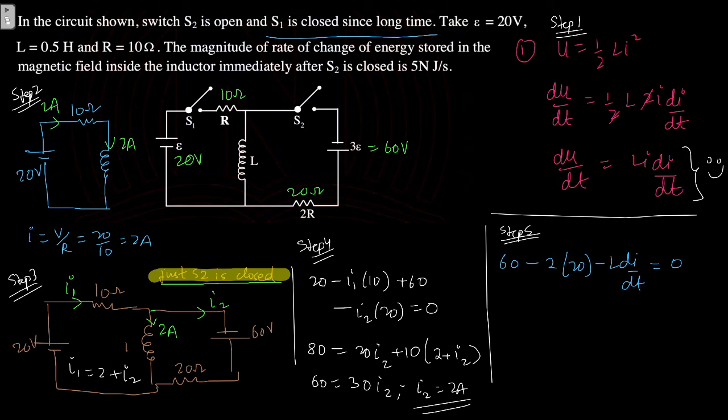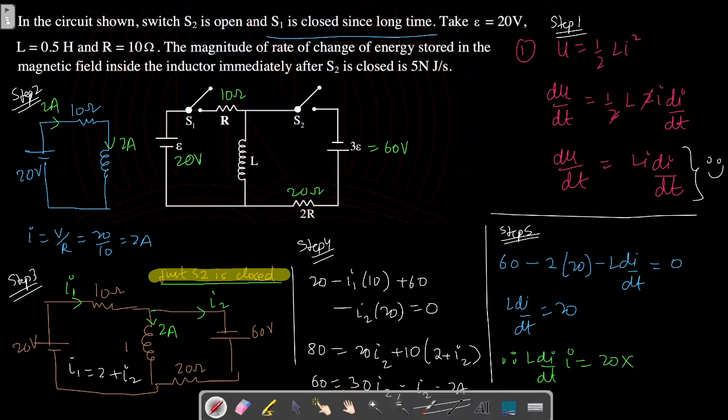So 60 minus IR minus L di by dt is 0. That means 60 minus 40 is 20, right? So L di by dt is equal to 20. And we have to find dU by dt, which is Li into di by dt. So L di by dt multiplied by I will be 20 into I. And what is the current that is flowing?